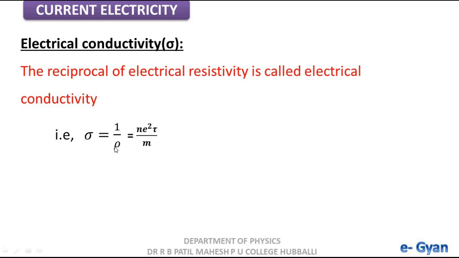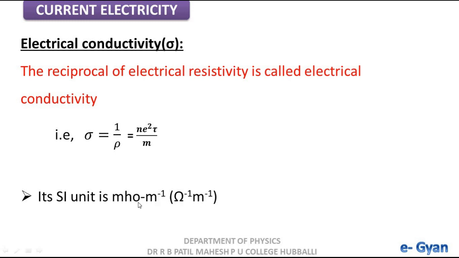It is mathematically expressed as sigma equal to 1 divided by rho, that is equal to n into e square into tau divided by m, where n is number density of electrons, e is charge on electron, tau is relaxation time, and m is mass of electron. Its SI unit is mho per meter, or per ohm per meter.